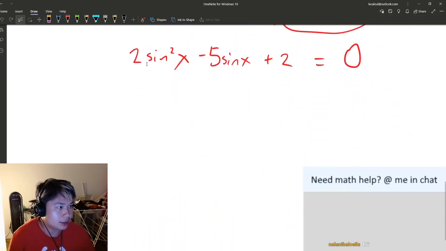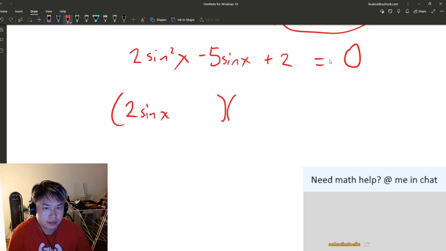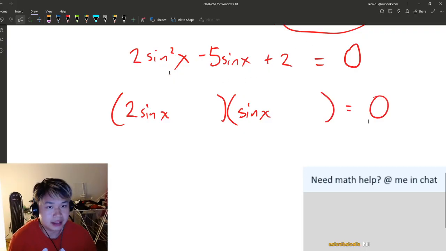This is a quadratic trigonometric equation, so we factor it. And then we just need to find out what goes in each factor. This is negative, so I think these are both subtractions.